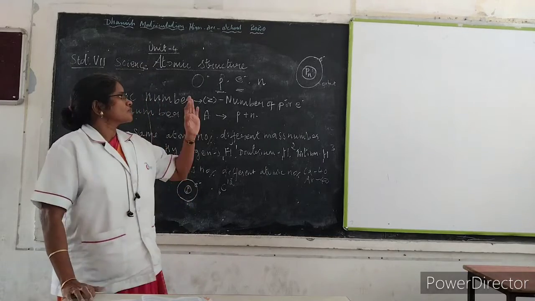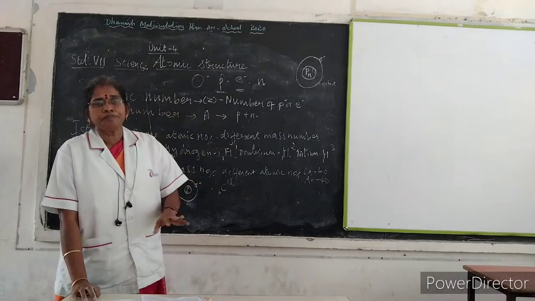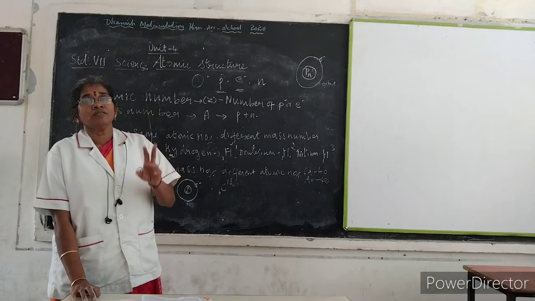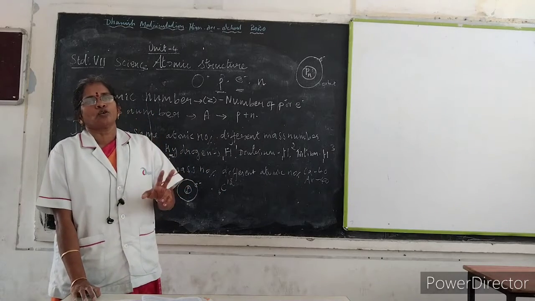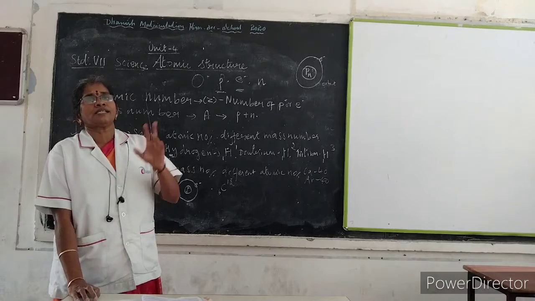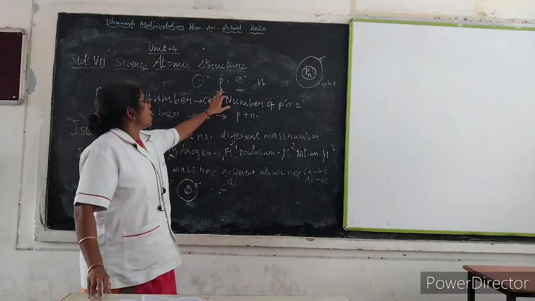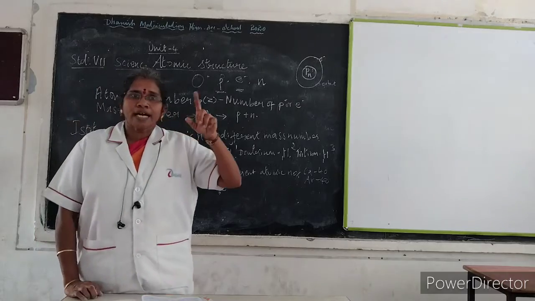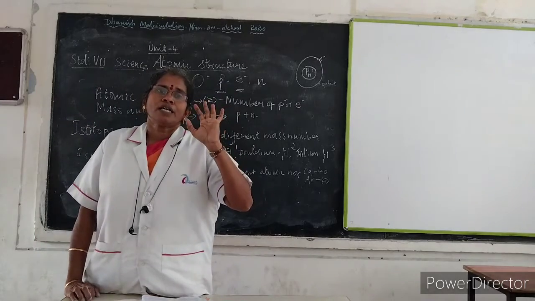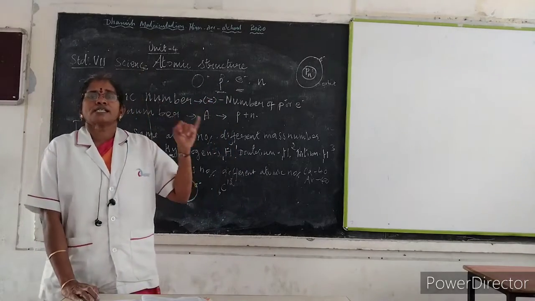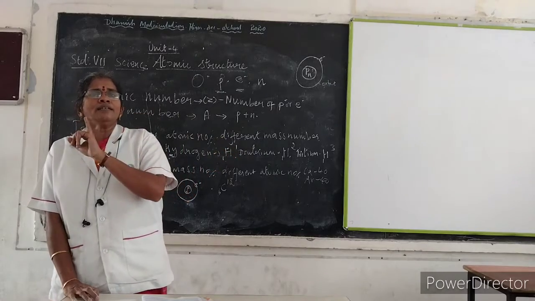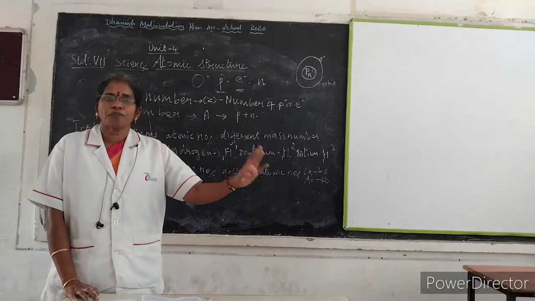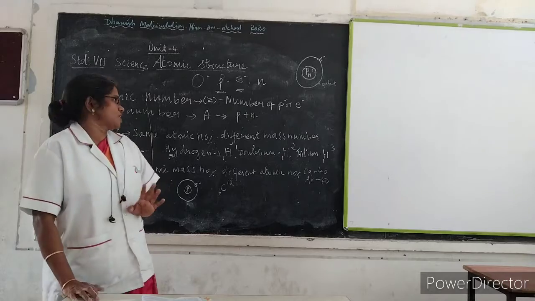Clear? So any atom will have the same number of protons and electrons, that means the same amount of positive charge and negative charge. So an atom is chemically neutral.